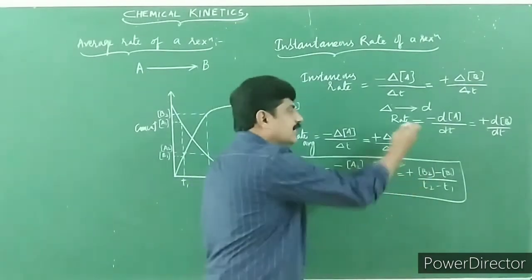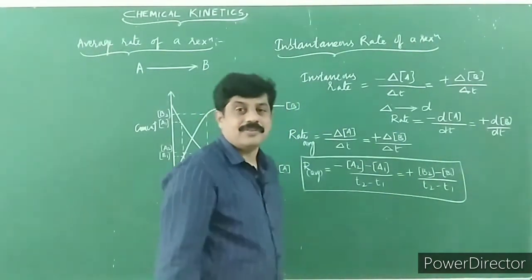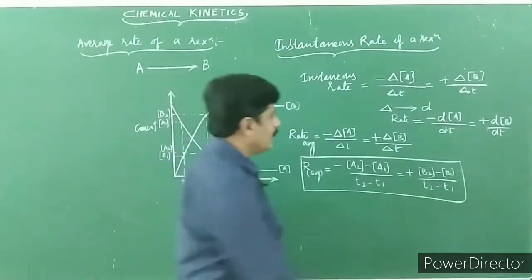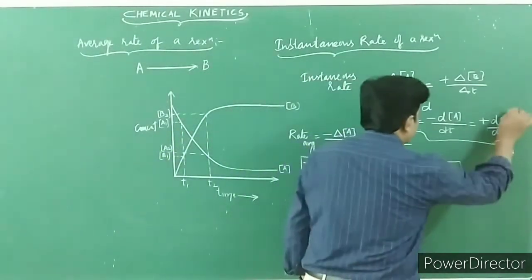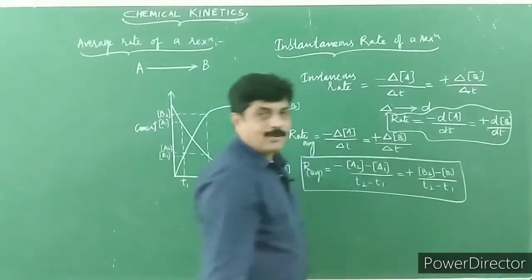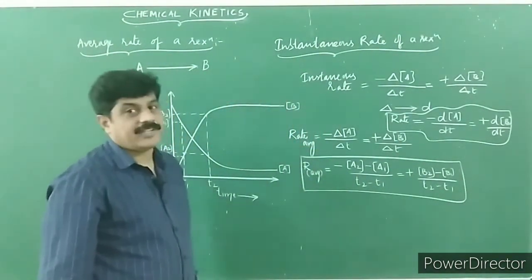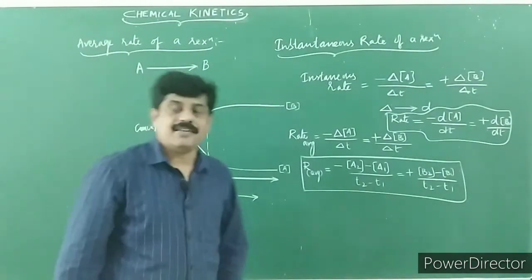Children, this is the differential rate equation for the instantaneous rate of a reaction. Now this you need to remember. Hope you understood both the average rate of a reaction as well as the instantaneous rate of a reaction.